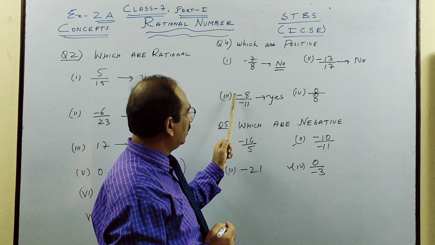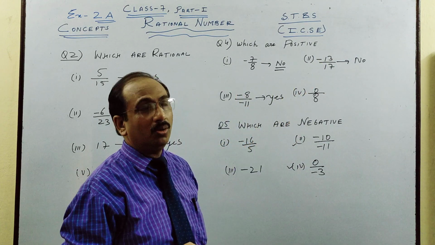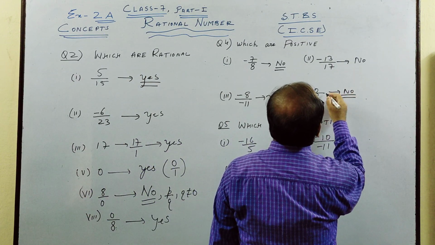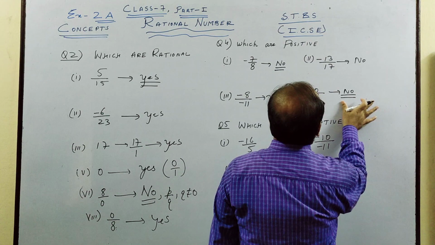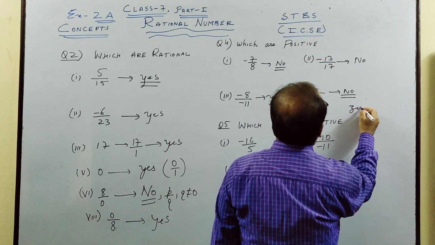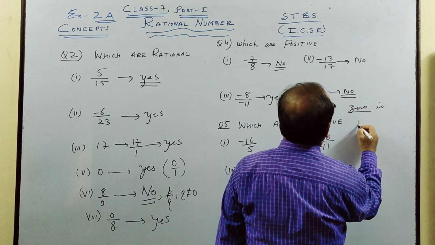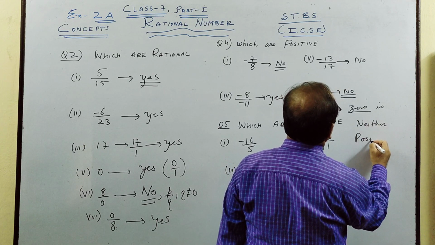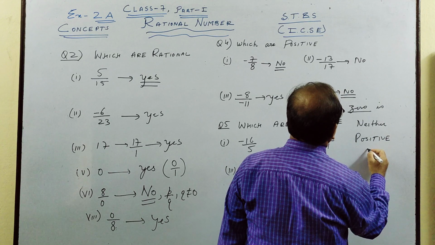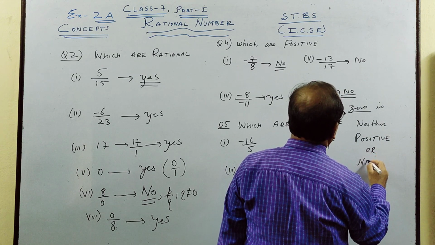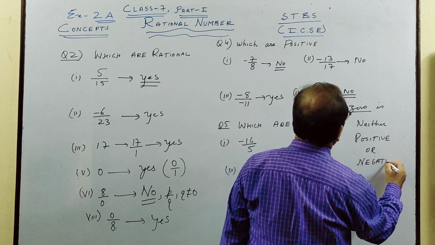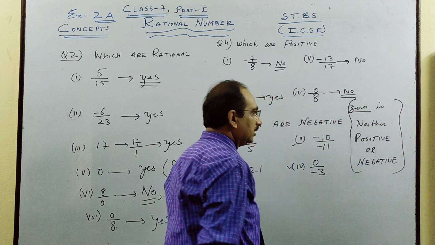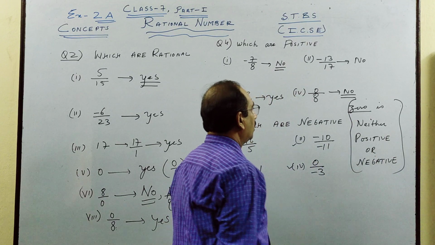So this one is, yes, I told you, 0, children, is not positive because 0 is neither positive nor negative. Okay, so please note this, 0 is neither positive nor negative.